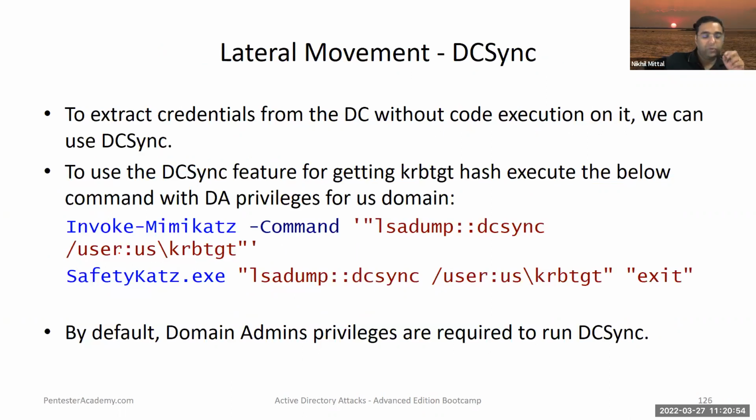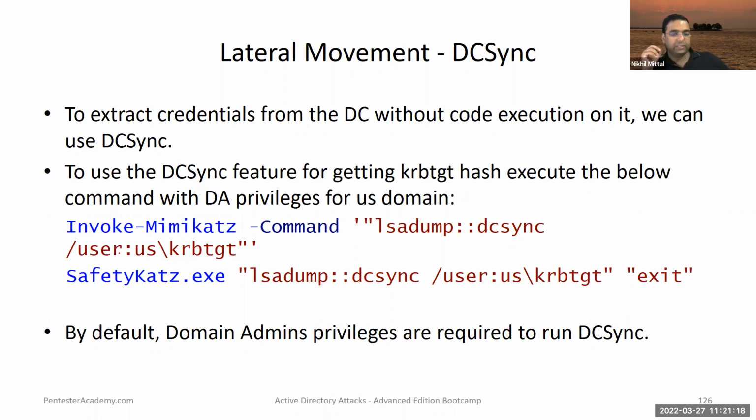Another technique that we are going to keep coming back to is DCSync. Now, DCSync makes use of the replication protocol. Recall the four basic components that we discussed initially. One of them was replication. So DCSync makes use or abuse of that replication functionality.